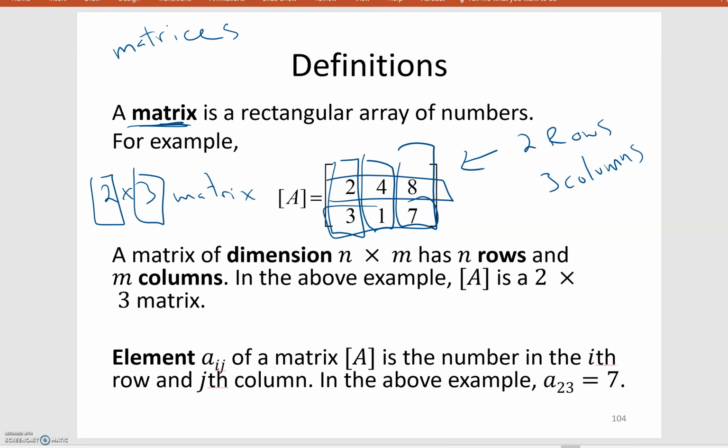The other thing that you need to be able to do is sometimes we actually want to isolate a particular number in the matrix, and a particular number in a particular spot is called an element. And we've got to find a way to navigate around the matrix and identify elements. And so the way we do that is with a double subscript. So that's a double subscript right there.